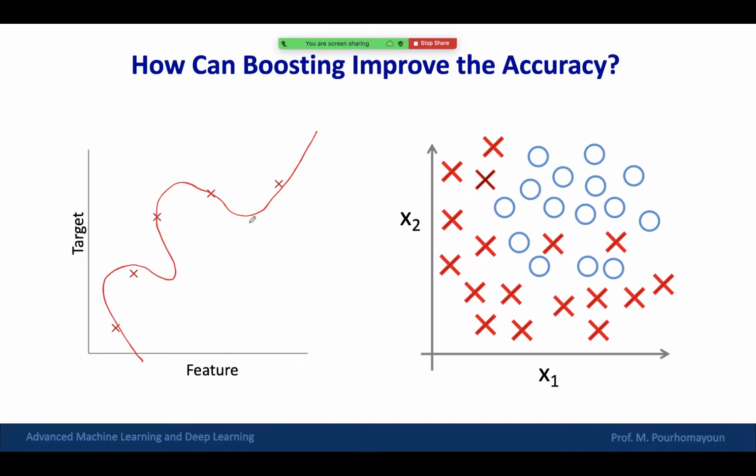It may give you good results on training data, only on training data, but this is a very high variance model. It is overfit. It changes a lot. The fluctuation of the output is too high.